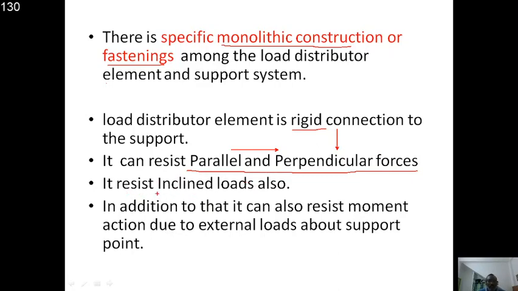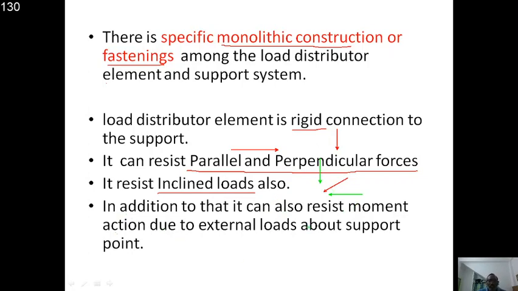It also resists inclined loads. Inclined loads mean like this. If this is an inclined load, it can be resolved into two components: one is the horizontal component, with cos, and one is the vertical component. This is the resolution of the inclined forces, and you can solve with it.